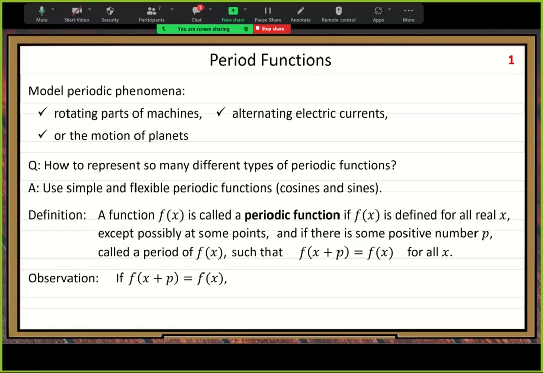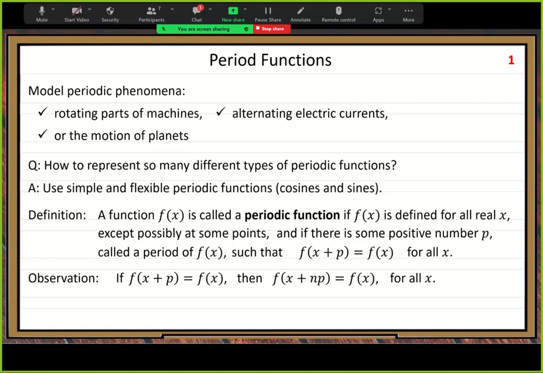Observation: if this equality is true, then replacing x by x plus n times p, for any integer n, is also true, because we just apply the period property n times.